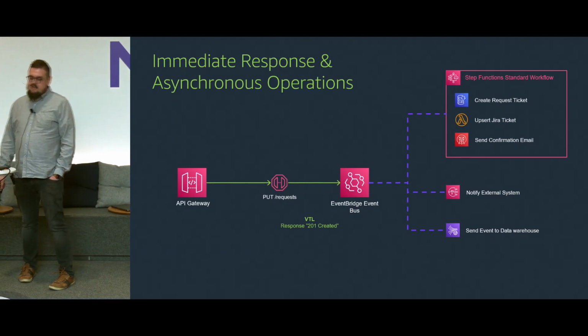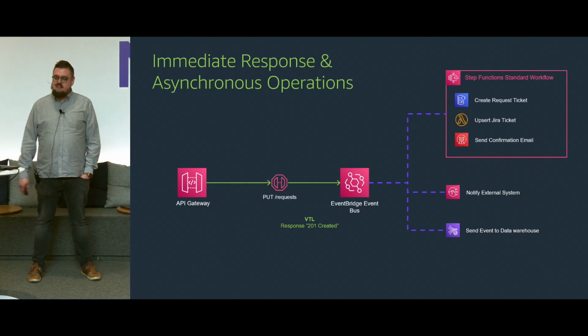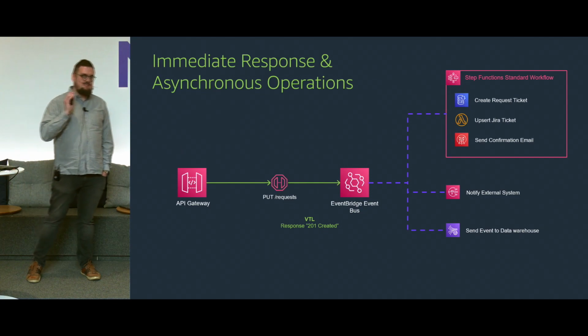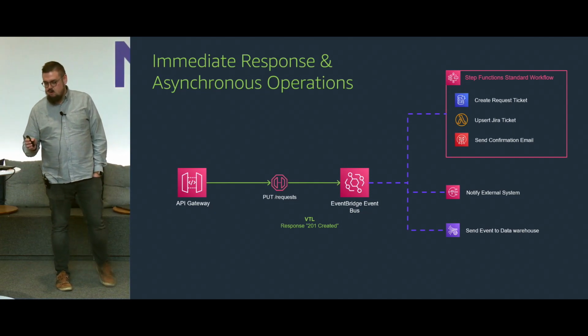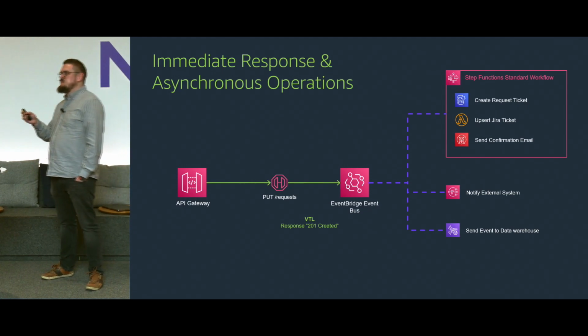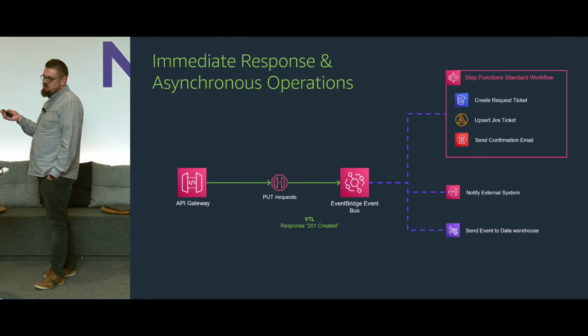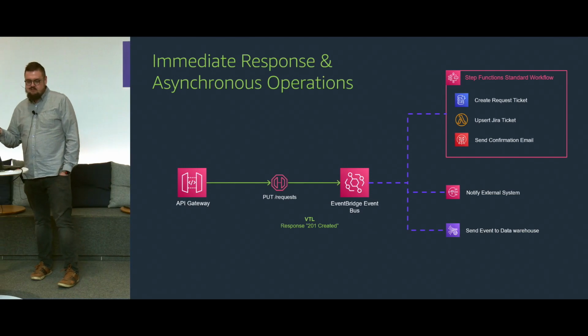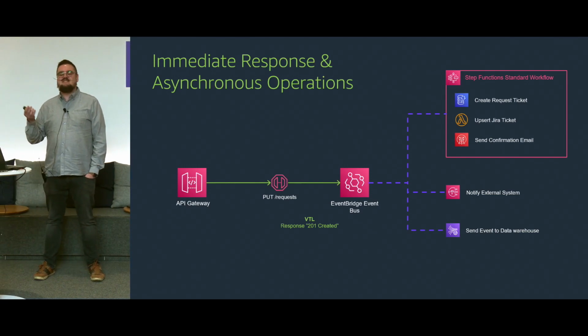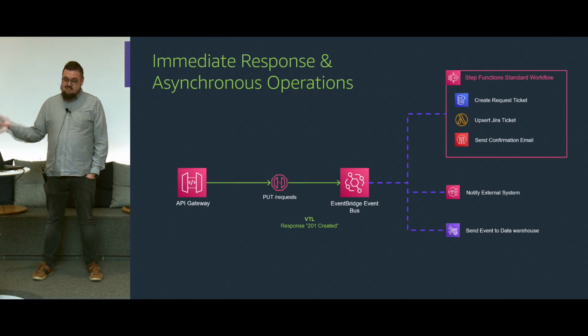And the way this is now modified, we actually added EventBridge also in between the Step Functions and the API Gateway. So API Gateway is triggering EventBridge, doing a put event operation to the EventBridge event bus. And once it's done that, it will return a 201 Created HTTP response to the client, and the client is happy.